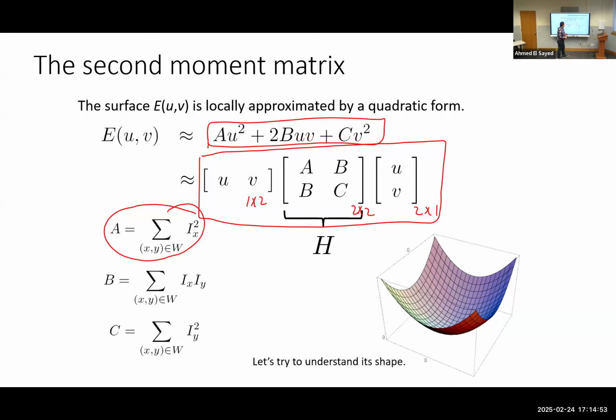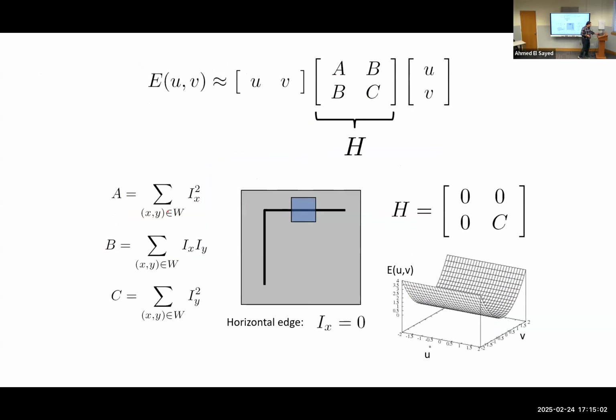If the values of A and B have special cases, like if A equals 0 and B equals 0. In this case, if this is 0 and this is 0, I have change only around the Y direction.